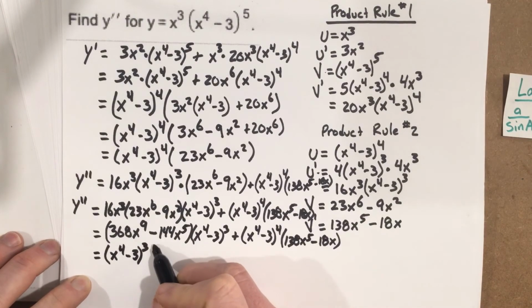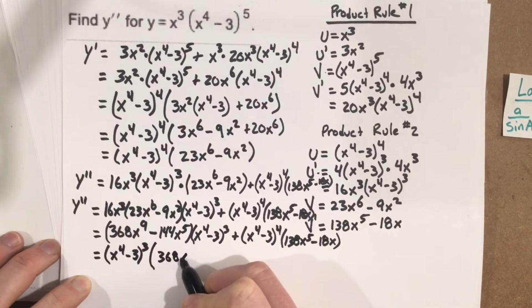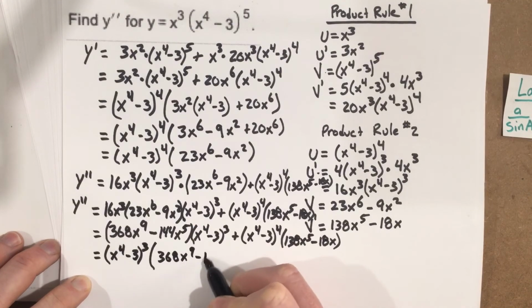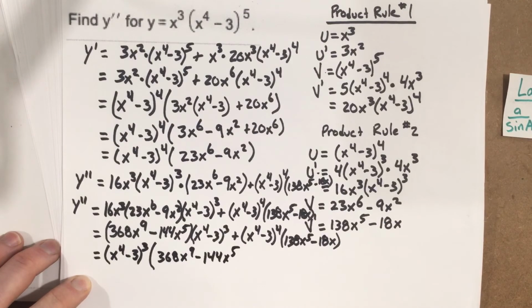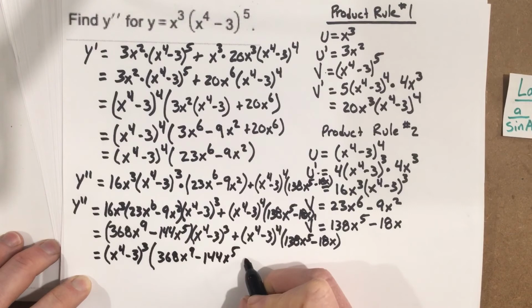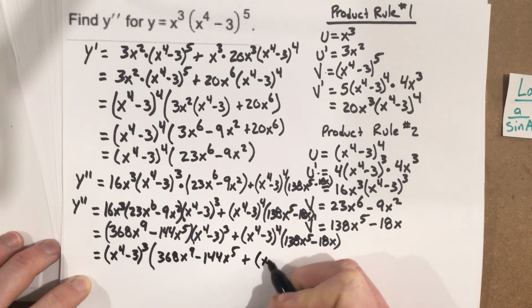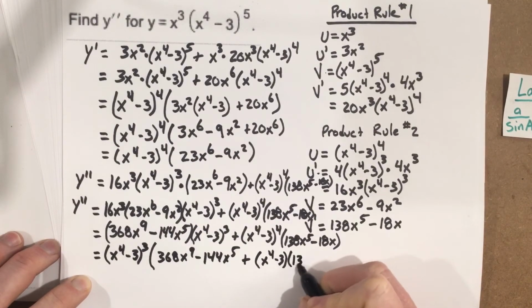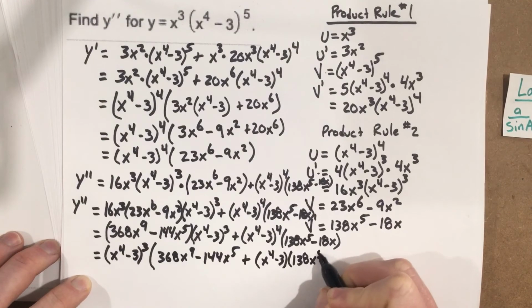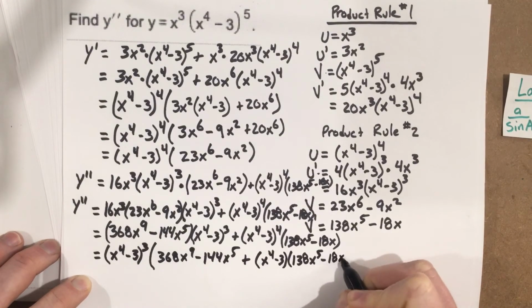That's going to leave you with 368x to the ninth minus 144x to the fifth. And then, so we're factoring this out, we're left with plus, and over here we have x to the fourth minus 3, there's only 1 left, times 138x to the fifth minus 18x.